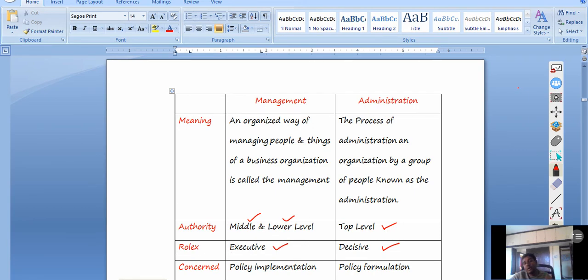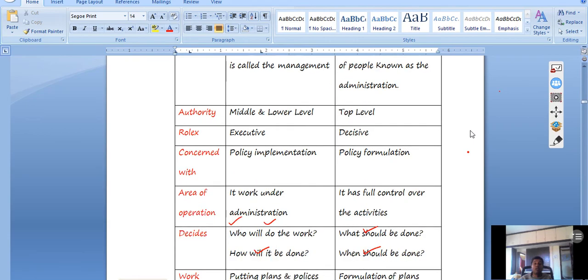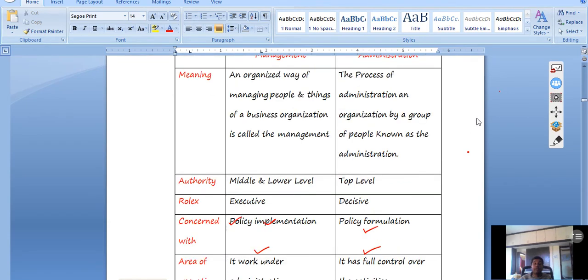That means the top level people have the decision making capacity. In the middle level management, they are executives. Management is concerned about policy implementation.